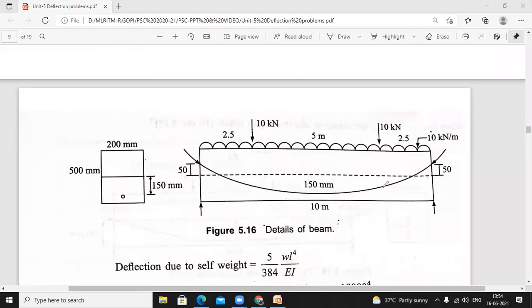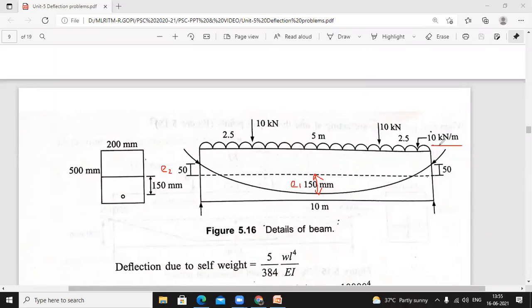You can see the shape of the cable. It is a parabolic cable. So at middle, the eccentricity is 150 mm, and this is E1, consider it is E1, and this is E2. At support, the eccentricity is 50 mm. So the UDL load is acting 10 kilonewton per meter.